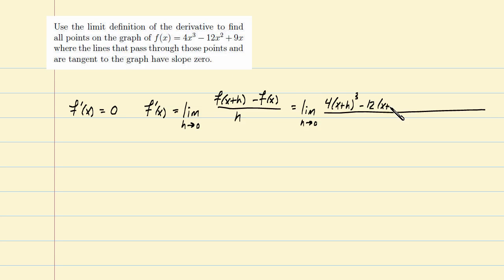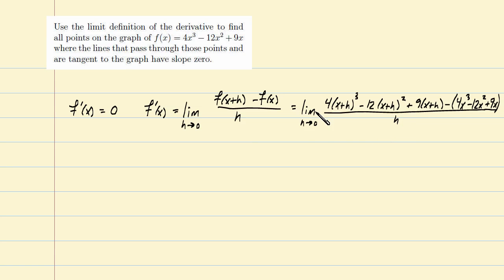Our input again is x plus h, plus 9 times our input, and then minus f of x. We know what f of x is. We have to subtract all that. And again, it's a good idea to use parentheses when you make that substitution, lest you forget about distributing this negative through. And then, of course, all that's sitting over h.